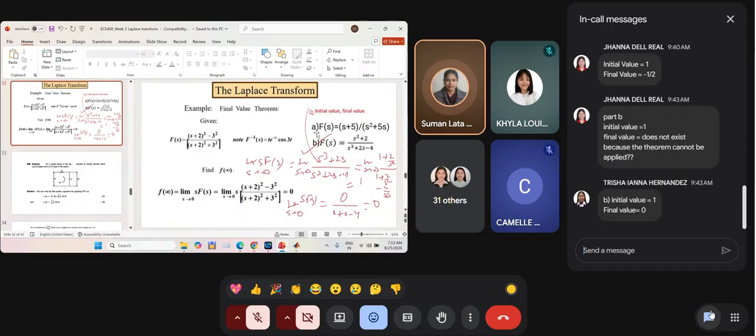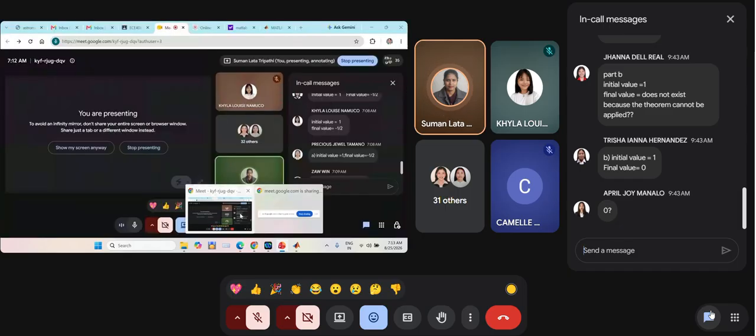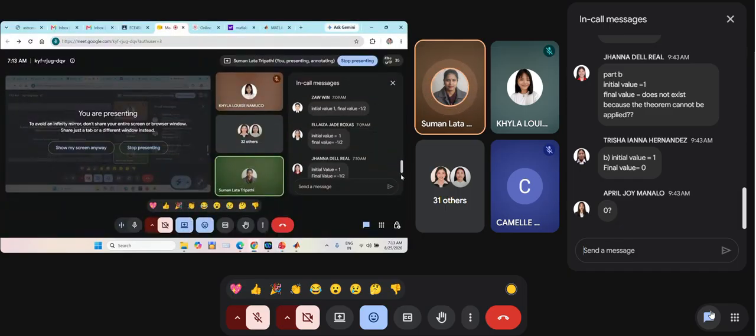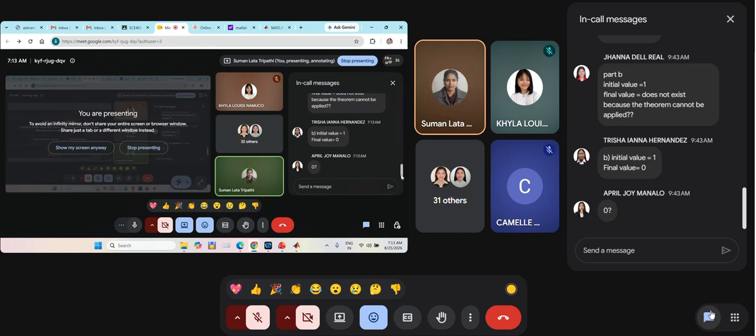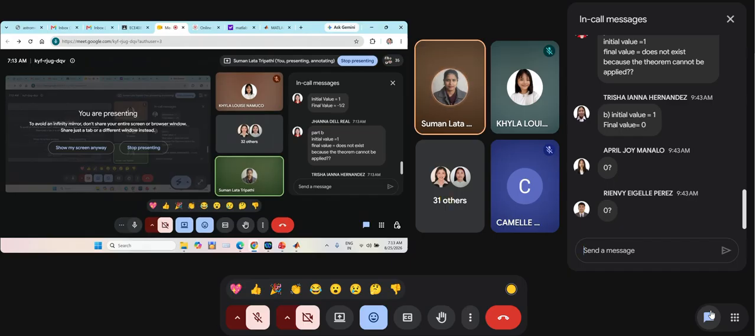In that case also 1 comma 1 and 1 comma 0. According to me the answer is 1 comma 1 and 1 comma 0. But for B it is 1 comma 0. And what about A? Initial value A, final value does not exist because the theorem is not applied. Why is it so? Jenna, why is this answer, final value does not exist, for B?